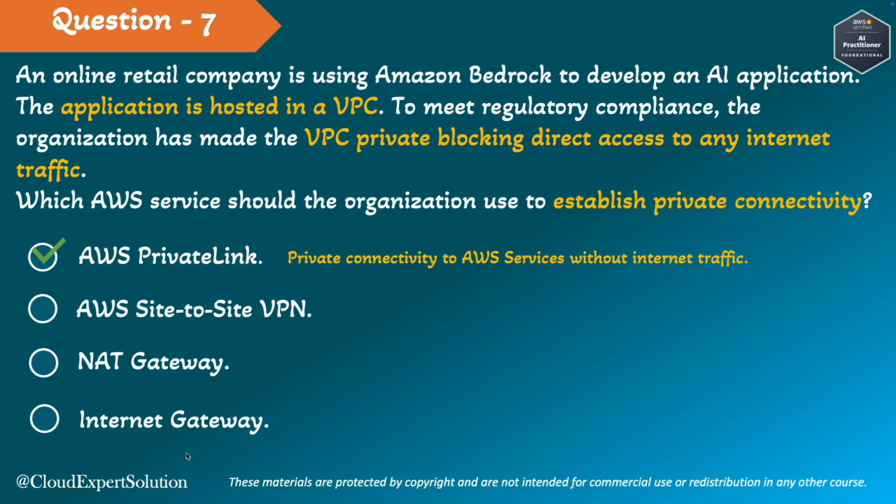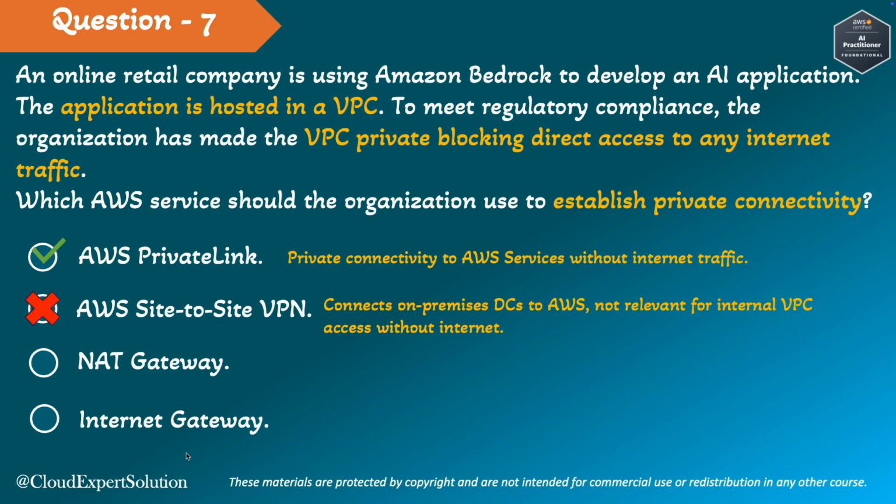The second option is saying AWS Site-to-Site VPN. Site-to-Site VPN connects on-premises data center networks to AWS or other cloud hyperscalers with AWS. This is not relevant for internal VPC access without internet. Hence, AWS Site-to-Site VPN is not the correct option.